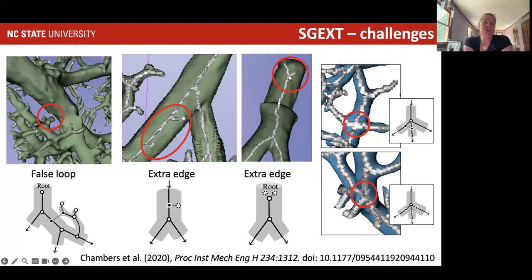Another issue is that these 3D rendered images, or really the MRI scan, have a finite resolution. And so sometimes the rendered image will assume that this vessel is connected to this vessel and create a circle where there is no circle. In fact, in the vascular system, there's almost no loops.